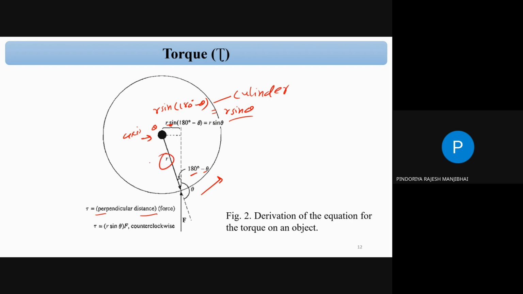This is the most important term. So torque is equal to force times r times sine theta. This is the terminology for torque.